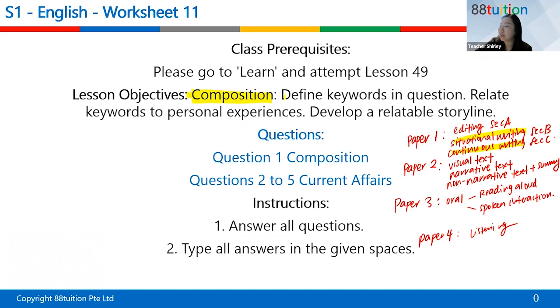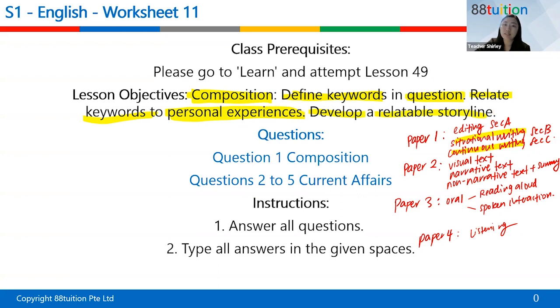But specifically, we are trying to learn to define keywords in questions. Basically, we are trying to highlight certain keywords and also learn to unpack the question by defining the keywords. Next, we want to also learn to relate keywords to personal experiences. And lastly, eventually, the outcome is that we want to develop a relatable storyline.